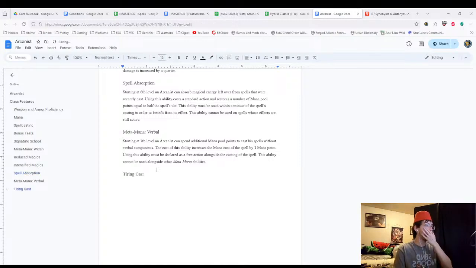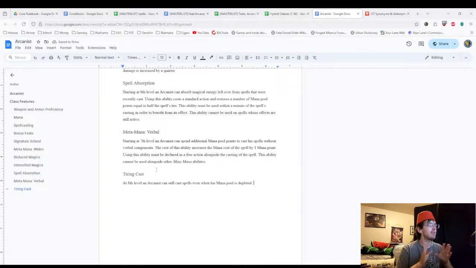So here we go. Tiring cast. At 8th level, even when his mana pool is depleted, he can still cast spells. Oh, I put an extra vowel in there, my bad.